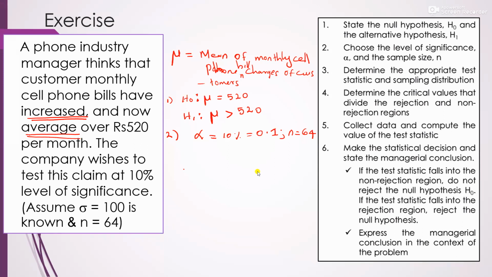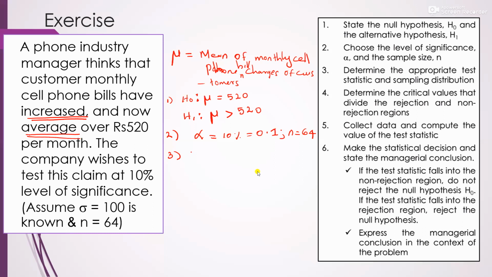Then step 3, determine the appropriate test statistic. Here we have to talk about the population distribution. We don't know the population distribution, we only know that sigma is equal to 100. So the population distribution is unknown, but the sample size is greater than 30. From this we can specify the sampling distribution.